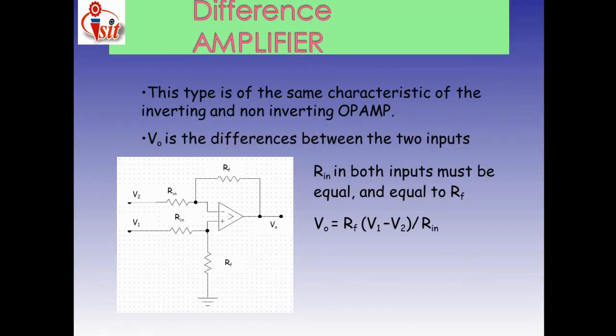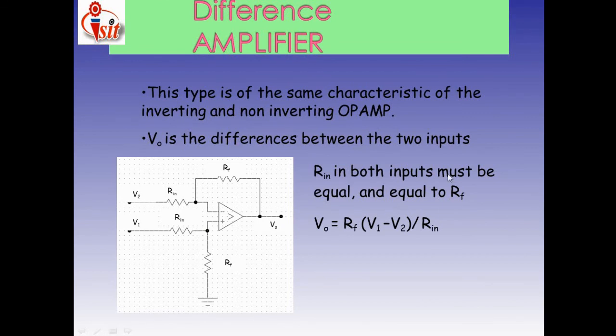Then the difference amplifier: the name itself indicates that it gives the difference between two input voltages. This type has the same characteristics as the inverting and non-inverting op-amp. V0 is the output difference between the two inputs, V1 and V2. These two inputs are applied to the positive and negative terminals of the op-amp, and it gives the difference between these two voltages.